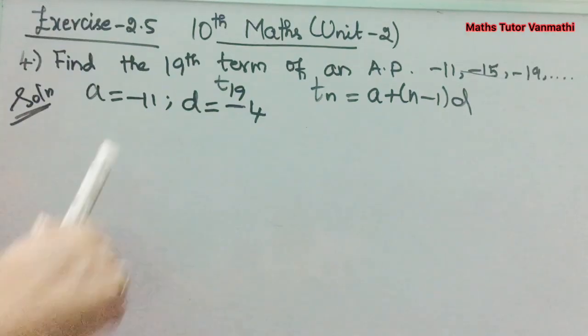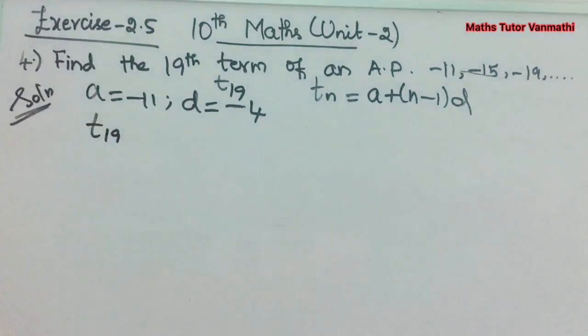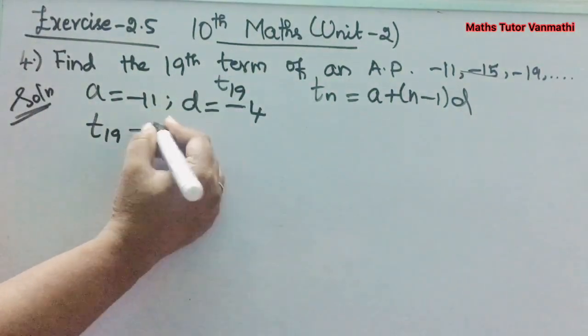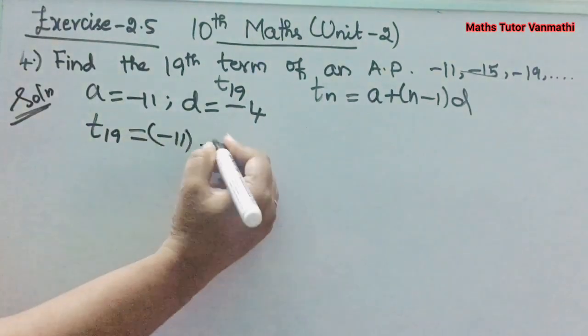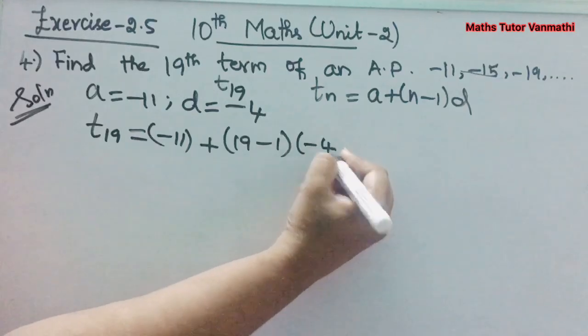Clear? Next, substituting these values in this, we are going to find T19 only. In the place of n, substitute 19. In the place of A, substitute minus 11, plus 19 minus 1. In the place of D, substitute minus 4.